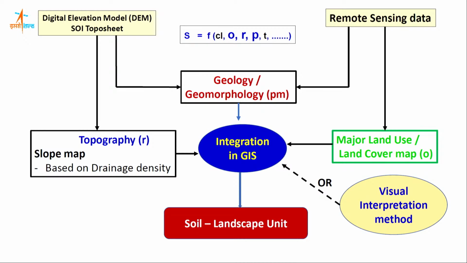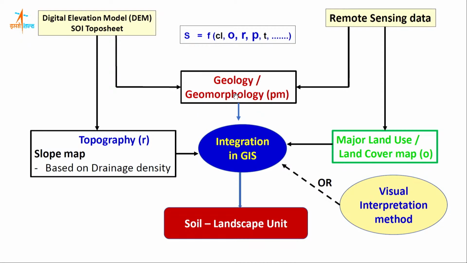So what do we do to interpret the soil forming factors? One is that you have the digital elevation model, DEM, or you have the topo sheet of Survey of India that can help you to prepare the geology or geomorphology map in association with remote sensing data.